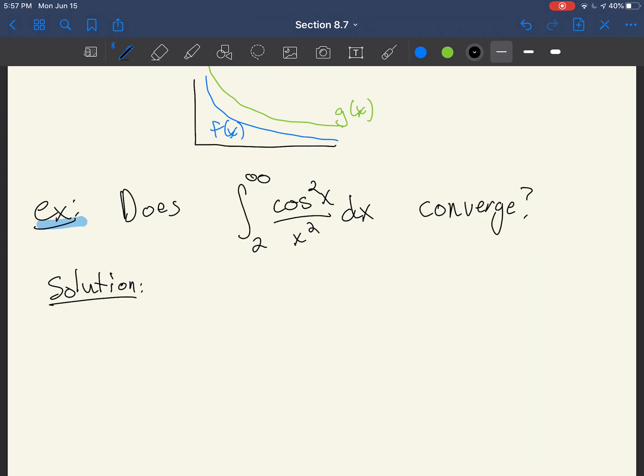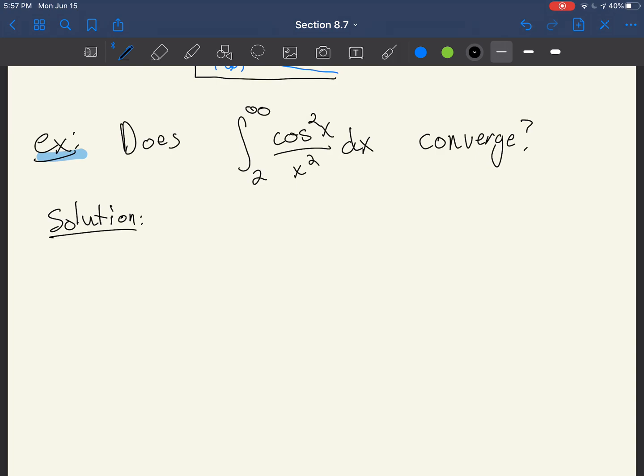If we want to use the direct comparison test, we need to bound this above or below by something that we know converges or diverges. So we just look at this and start seeing how we can bound it. We know that cosine squared x is less than or equal to 1. The range of cosine x is -1 to 1. It's being squared, so we know it's at most 1.